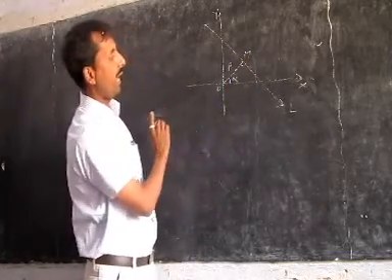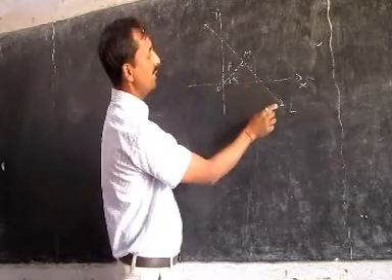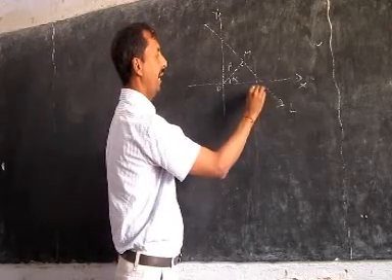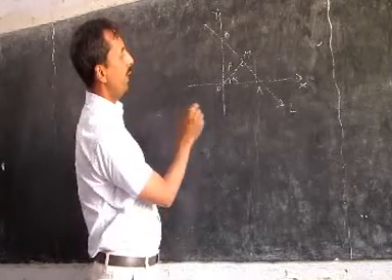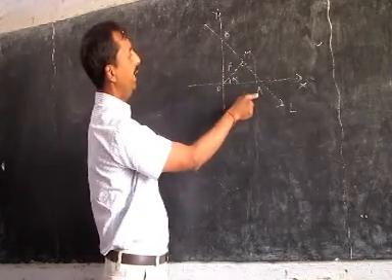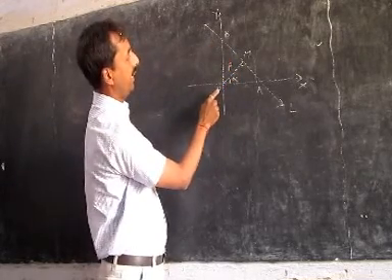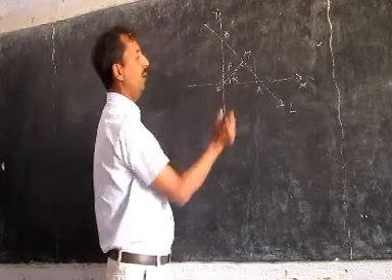Now suppose this line L intersects the x-axis at A and the y-axis at B. So we have two right triangles, OMA and OMB. In this right triangle OMA, we have to find OA.